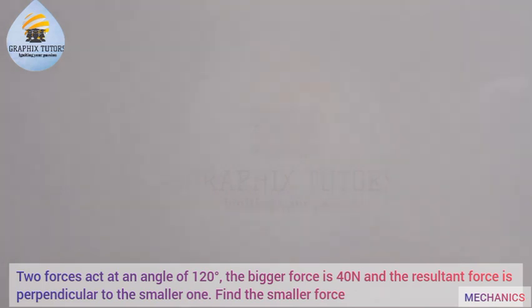The first thing you do to help you out is to draw your free body diagram. One thing you need to know about applying the law of parallelogram to any given coplanar or concurrent force is that one of the forces must be horizontal.